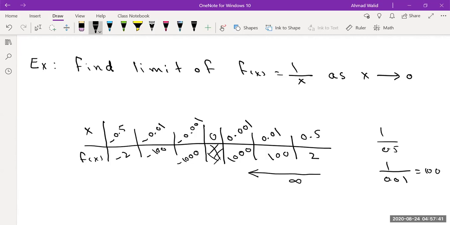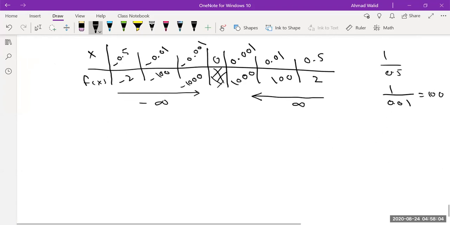To positive infinity. When you are approaching from the left, the values are getting smaller and smaller. You see, negative 1000 is smaller than negative 100, correct? And if you go closer, closer, here your limit is approaching negative infinity.